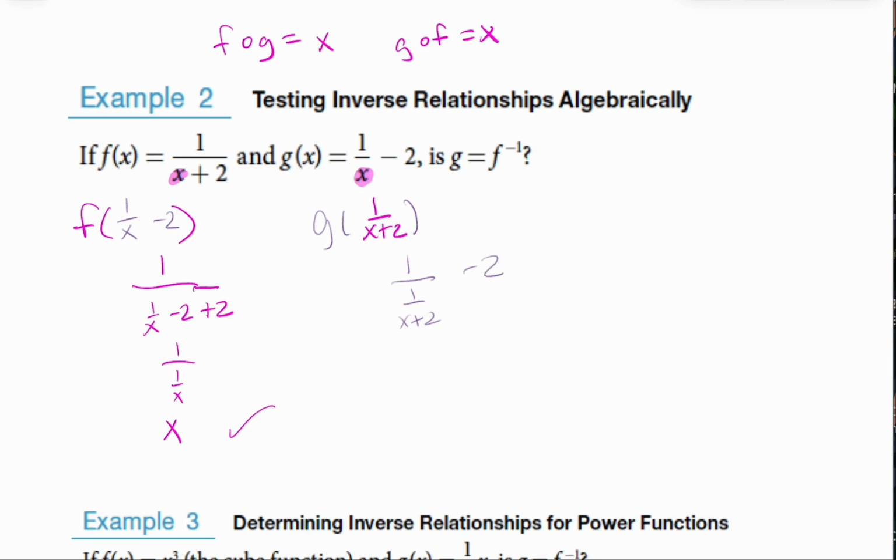Well, 1 over anything is its reciprocal, so if we flip over 1 over x plus 2, it becomes x plus 2 over 1, which is just x plus 2. So the plus 2 and the minus 2 cancel, and we just get x. So we can say, yes, they are inverses. So again, if I put g into f and f into g, and both times, once simplified, I get an answer of x, then yes, they are inverses.